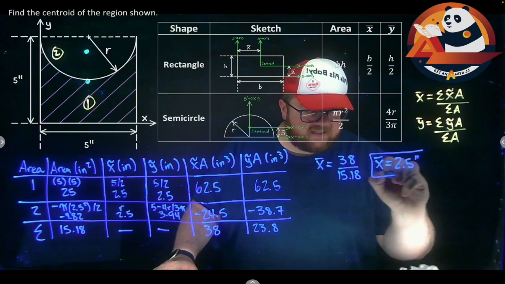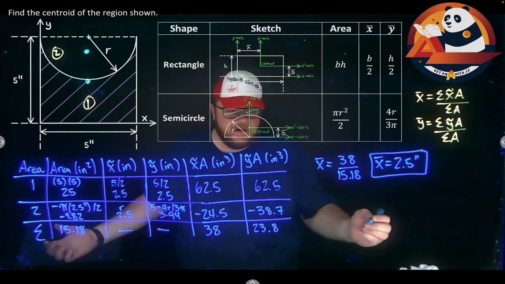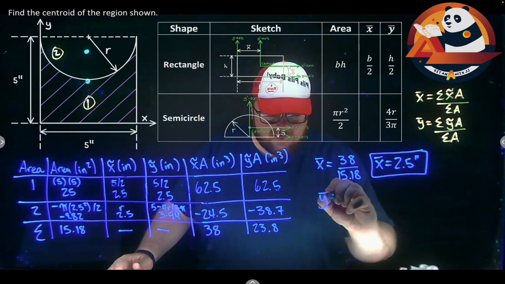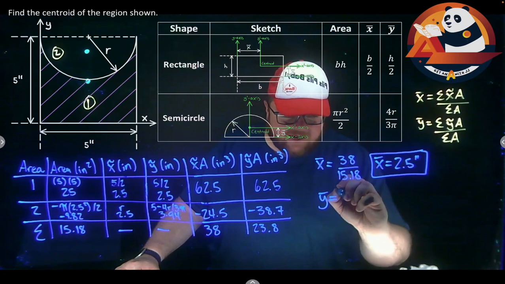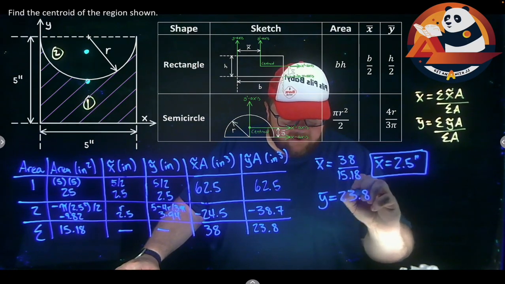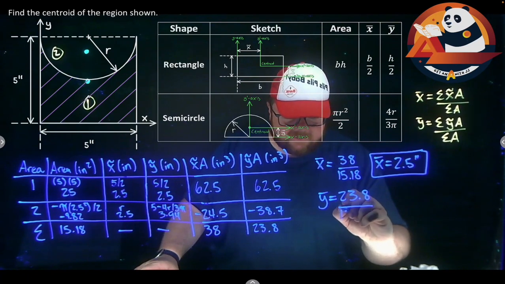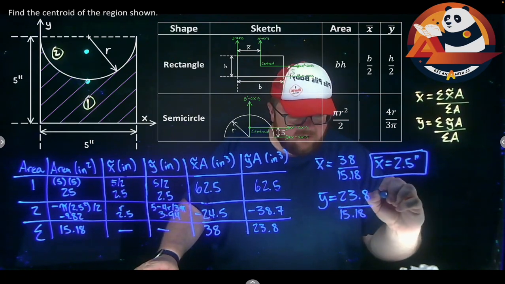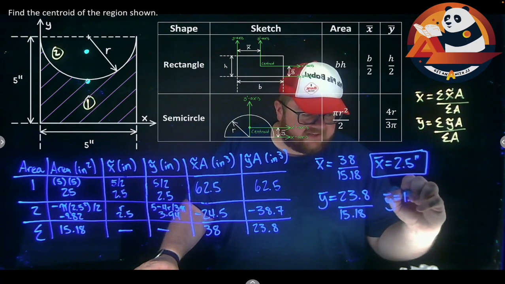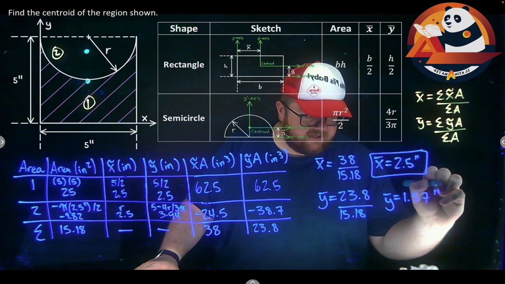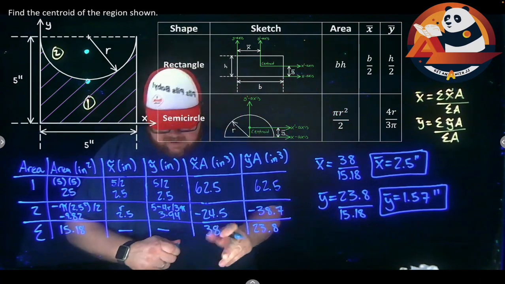If every piece has its centroid at the same place, the whole thing has its centroid at the same place. Y bar should be equal to our total y tilde a, 23.8, divided by our total area, 15.18, or that y bar is going to get us to 1.57 inches, which would be our final answer for everything on that problem.